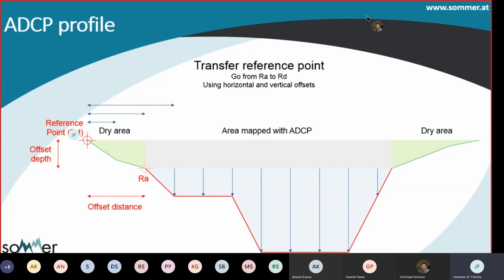So a safe, concrete, stable reference point somewhere on the river edge or on a bridge or somewhere. And we measure the offsets, the vertical offset and the horizontal offset between these two reference points. So we can shift all the data we have gained here with the ADCP boat, we can shift them to this reference point.